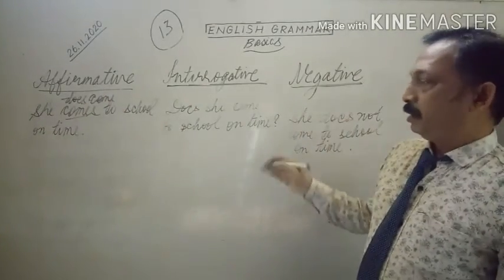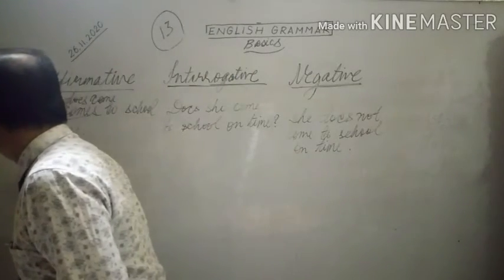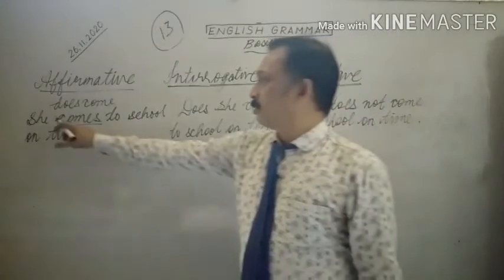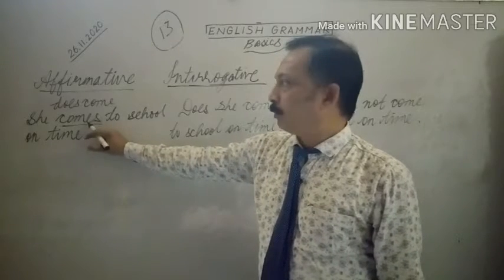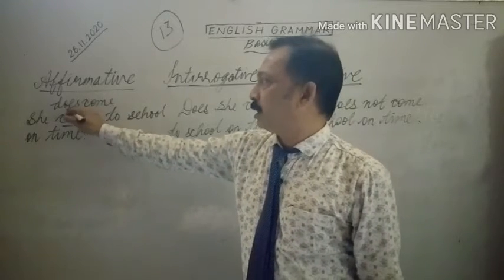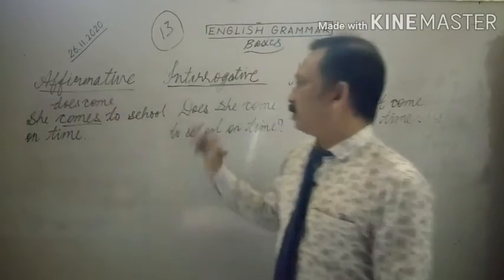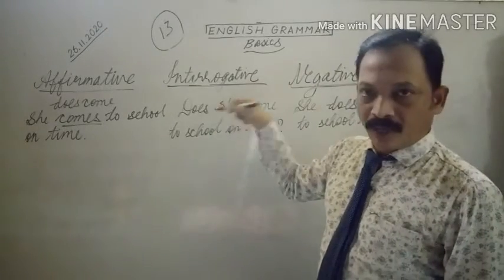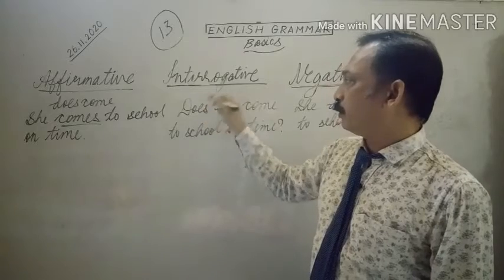Now let's take another sentence, that is, she comes to school on time. Comes is the main verb. Break it up. You get does come, not does comes again, only does come. Use this helping verb does to make the question. Place it in the beginning, before the subject.